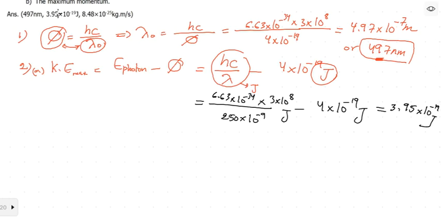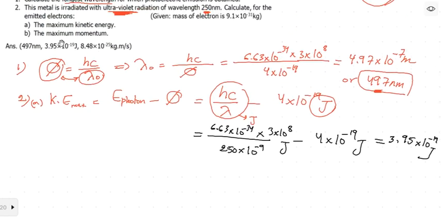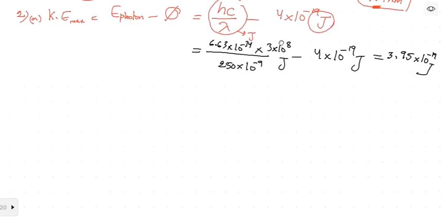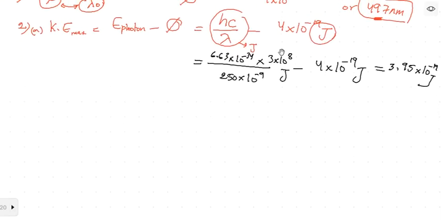Now the last part was to calculate the maximum momentum for the emitted photoelectron. Just to remind you, this is part B, so in part B we need the maximum momentum.